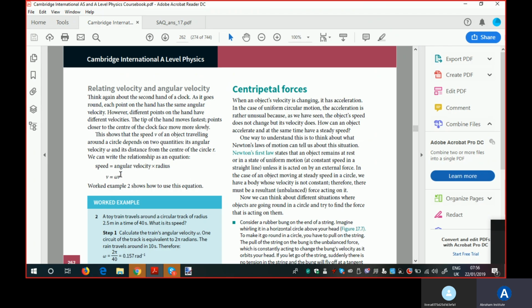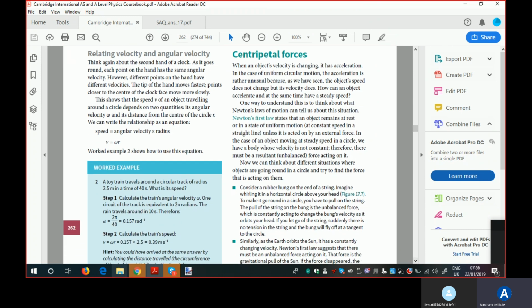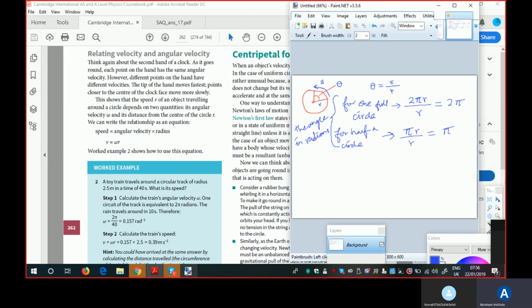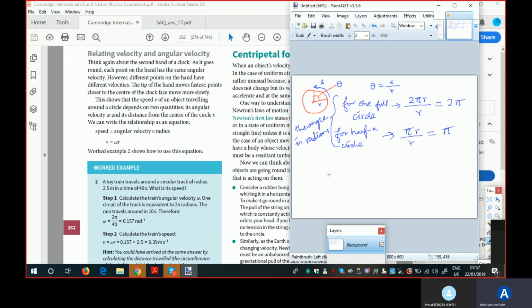Then we have another equation here, v equals omega r. We'll write that also here. So we have the speed, which is also called the tangential speed or tangential velocity, equals omega r.